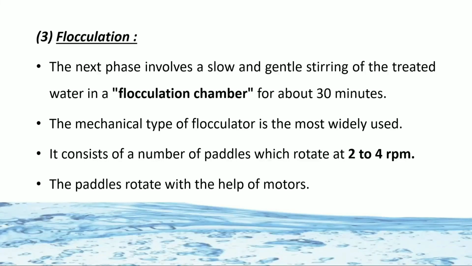After rapid mixing, the next phase involves slow and gentle stirring of the water in a flocculation chamber, for about 30 minutes. The mechanical type of flocculator is most widely used. It consists of a number of paddles which rotate at 2 to 4 rpm, rotations per minute. The paddles rotate with the help of motors.